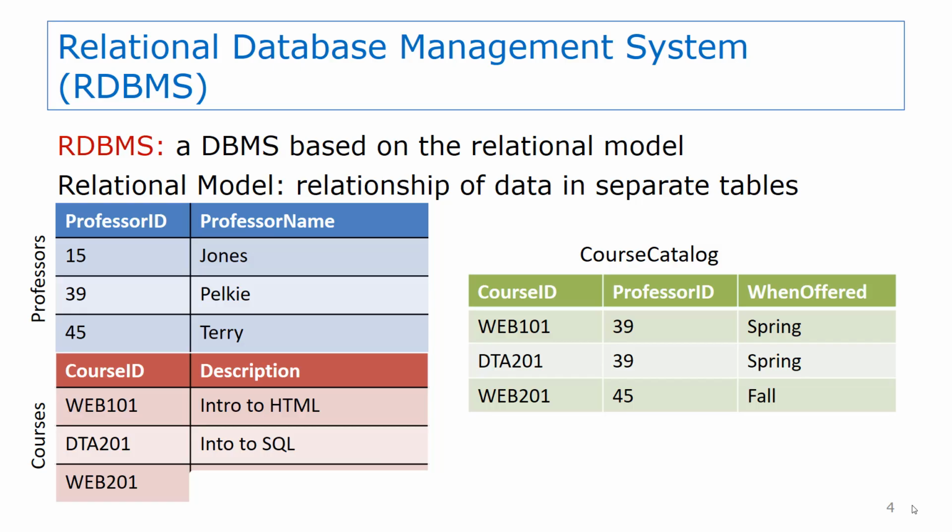A relational database management system, or RDBMS, is a database management system based on the relational model. The relational model was invented by Dr. Edgar F. Codd in 1970 at IBM's San Jose Research Laboratory. A relational database organizes information in tables. A table consists of columns, which contain individual facts, and rows, which are a collection of columns or facts that have a common usage.